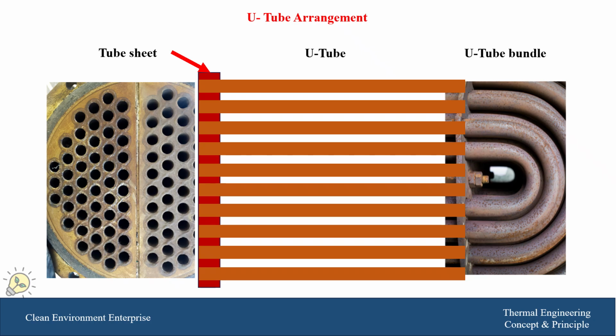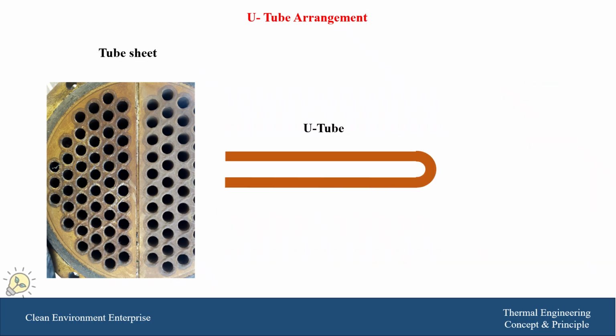That means in the U-tube arrangement, you may have the fluid go in and out at the same side of the heat exchanger. In general, this is the shape of the tube, and they are manufactured prior to the operation of manufacturing the heat exchanger.